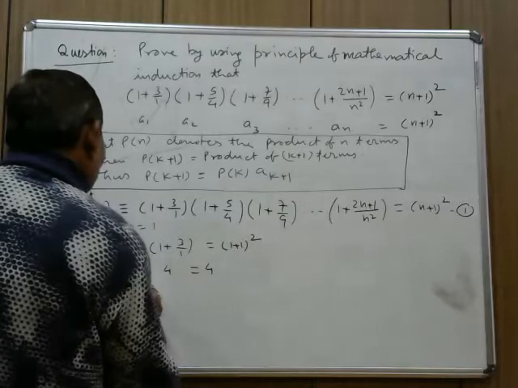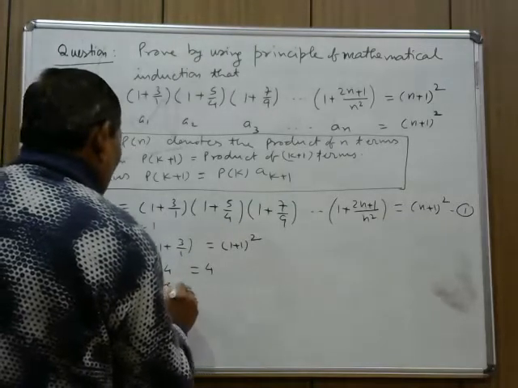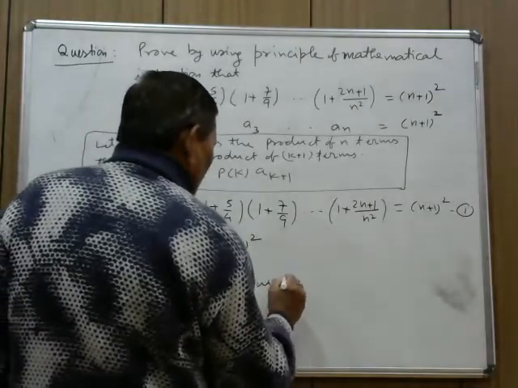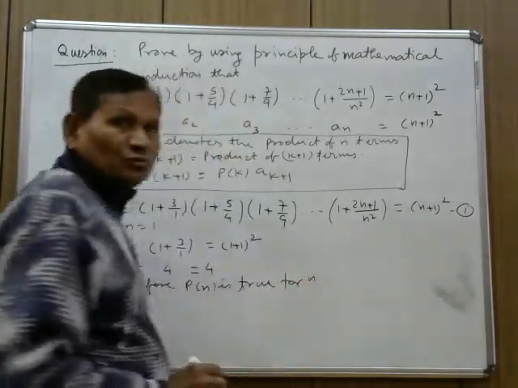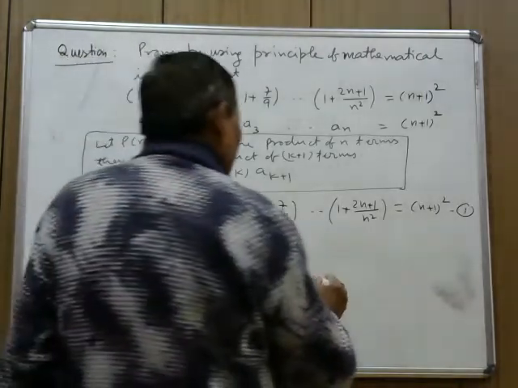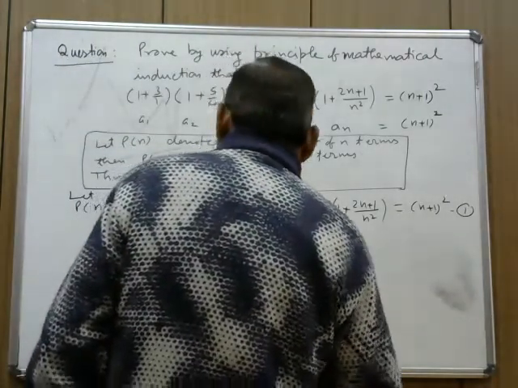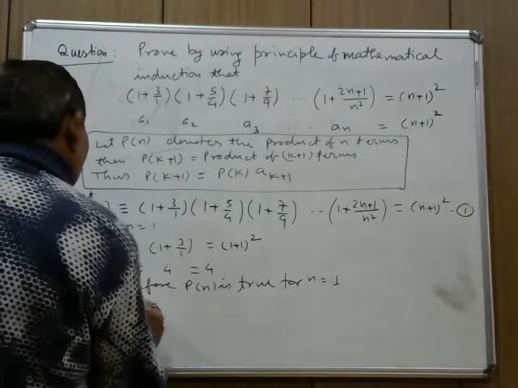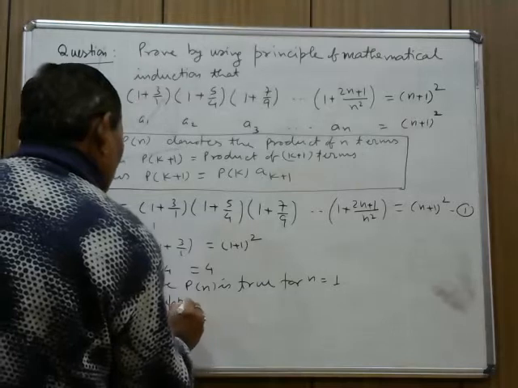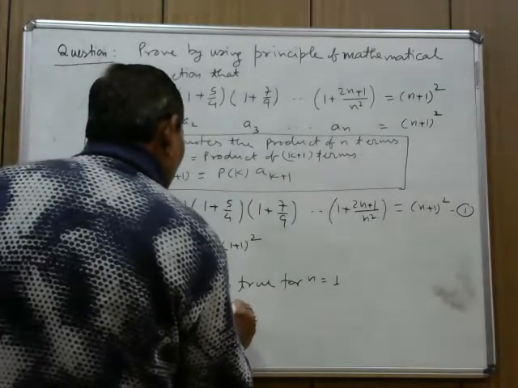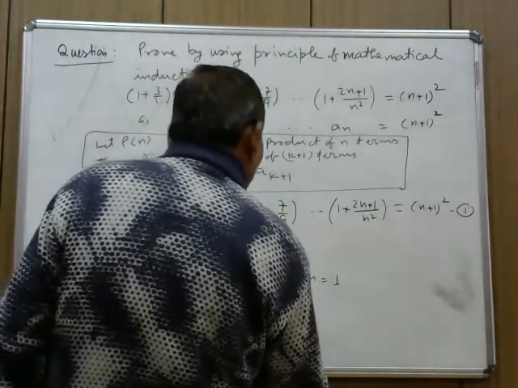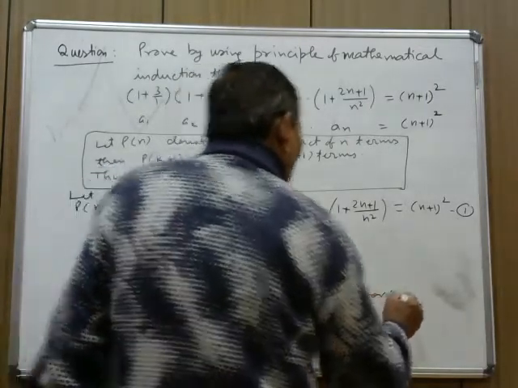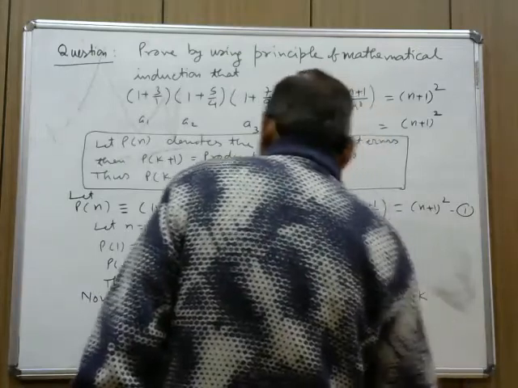Therefore P of n is true for n equals 1. Now we suppose that P of n is true for n equals k.